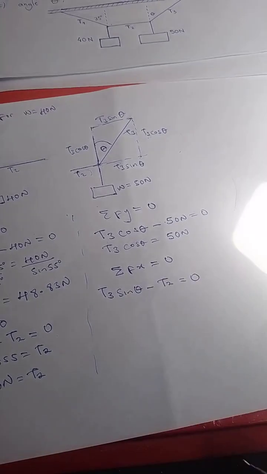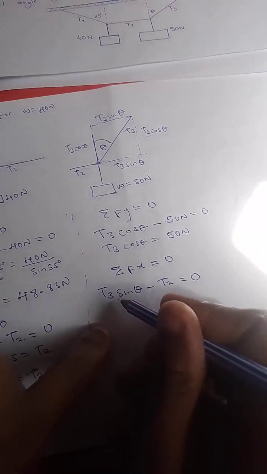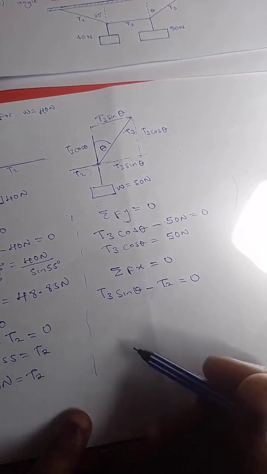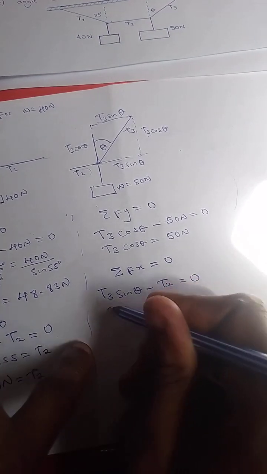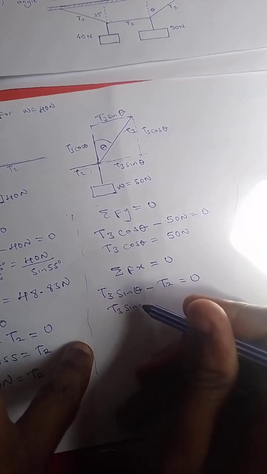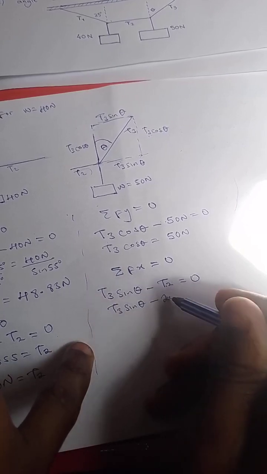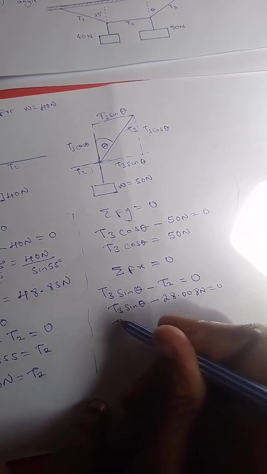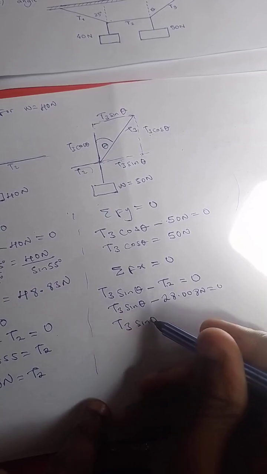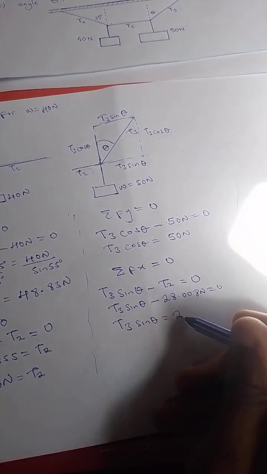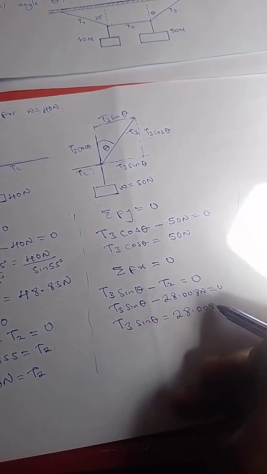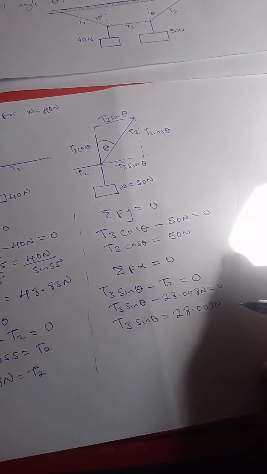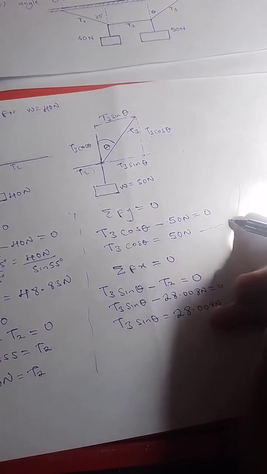Now our T2, according to our previous answer, is equal to 28.008. So T3 sine of theta minus 28.008 newtons should be equal to 0. So our T3 sine of theta should be equal to 28.008 newtons, like that.